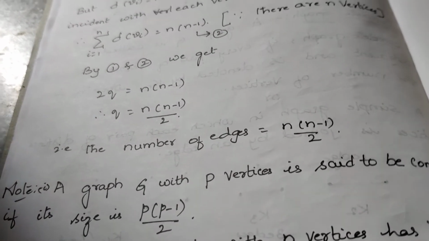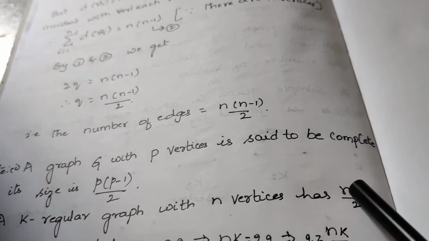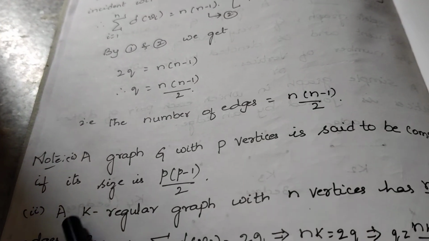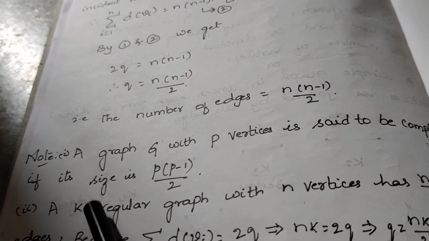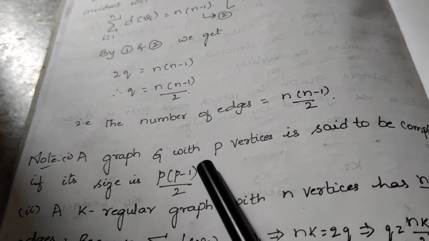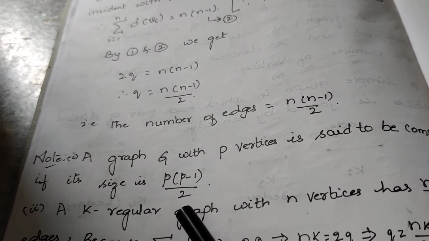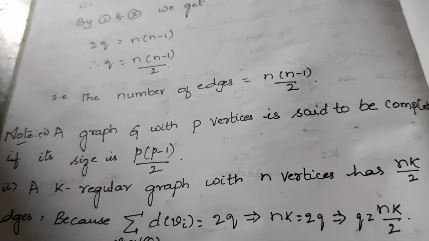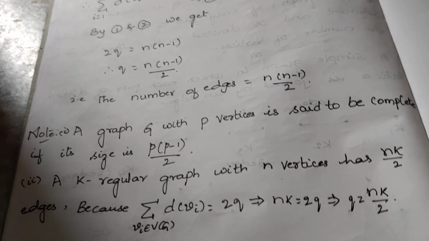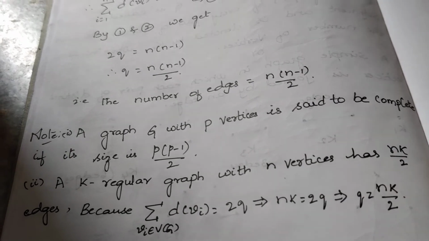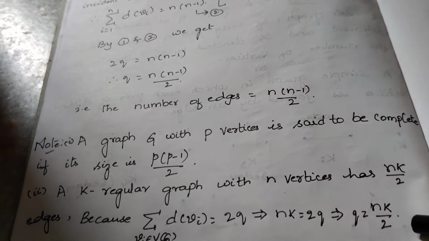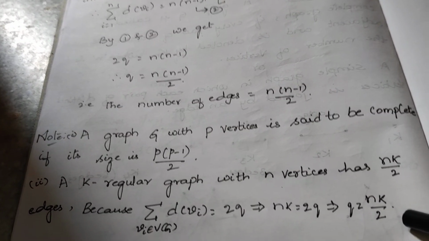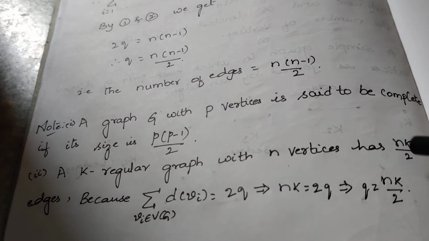So a graph G with p vertices is said to be complete if its size, meaning the number of edges, is equal to p(p-1)/2. Now let us take a k-regular graph with n vertices, where n is the number of vertices.